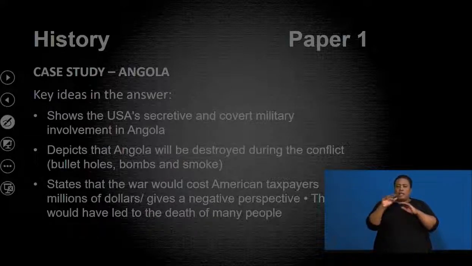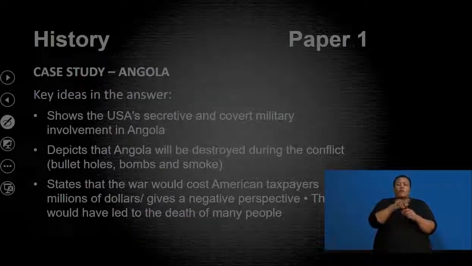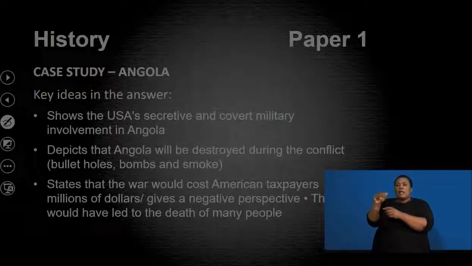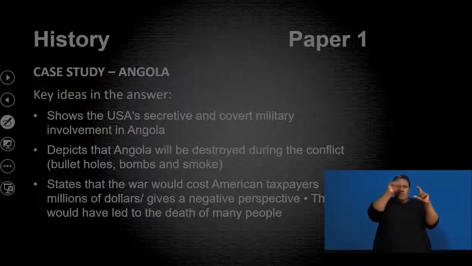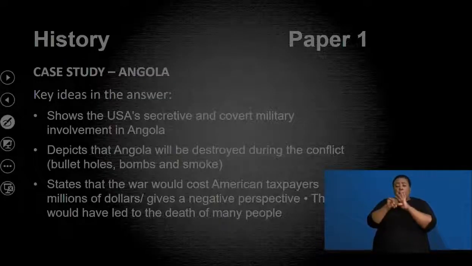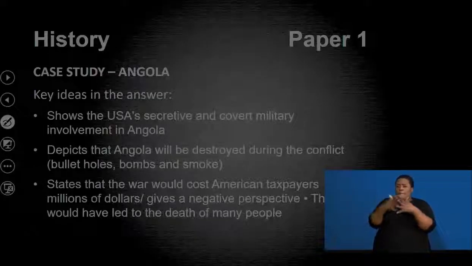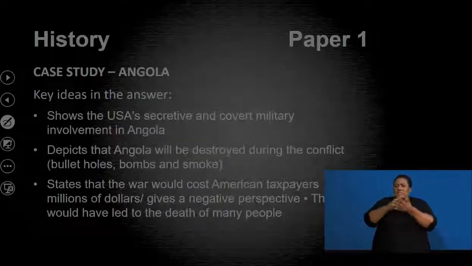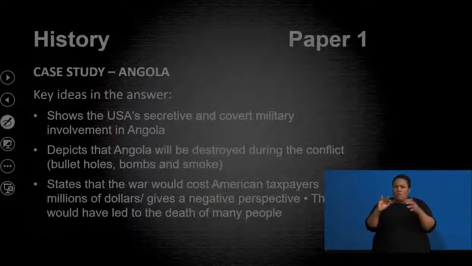It depicts that Angola will be destroyed during the conflict. You can see the bullet holes and bombs and the smoke. Remember, I did circle those things when we were looking at the actual cartoon. And now this is the important one. It states that the war would cost American taxpayers millions of dollars, and it gives a negative perspective. The war would have led to the death of many people.